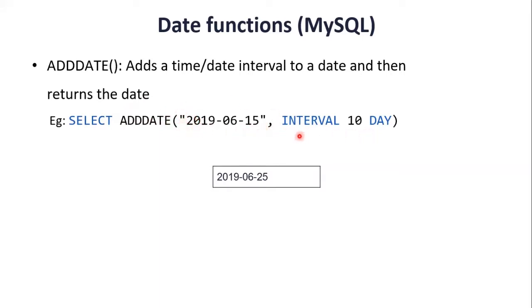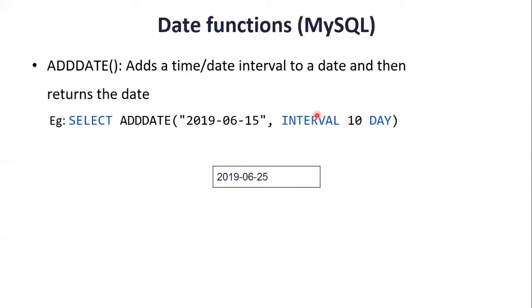Then you provide the interval keyword, and how many days or hours as a number, followed by whether it's a day or hour or minutes or years. So if you say interval 10 day, this add date function is going to add 10 days to this date, June 15, 2019. So we will get the result as June 25th, 2019.